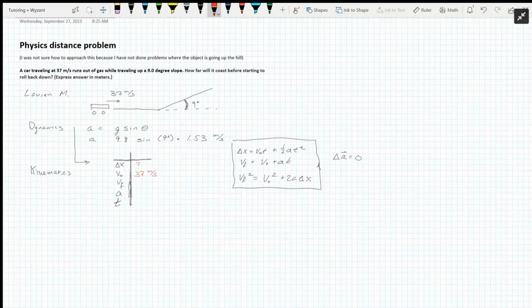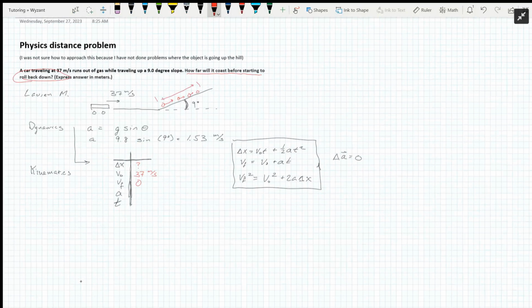The problem says, how far will it coast before starting to roll back down? Well, it starts to roll back down when its final velocity is 0. In other words, it goes up the ramp and slows to a stop right there. And so we want to know how far up the ramp it goes.